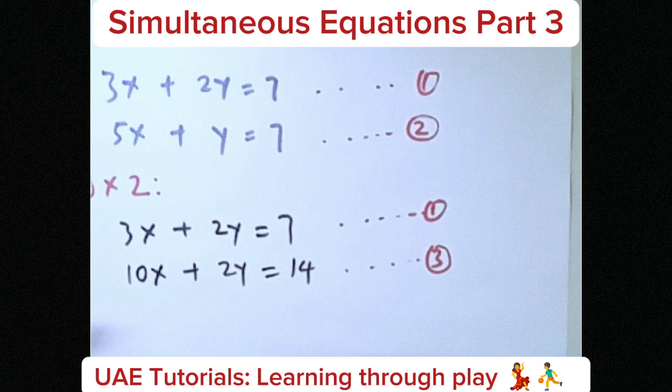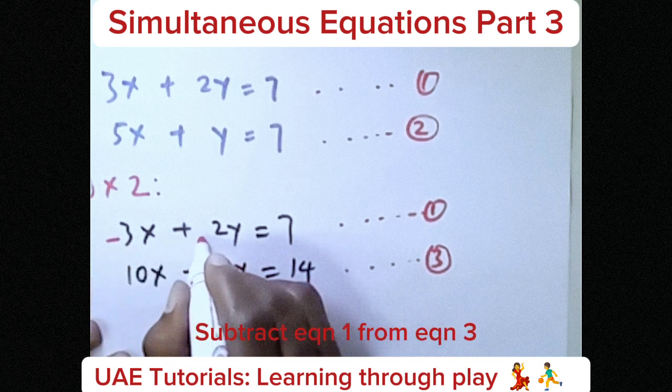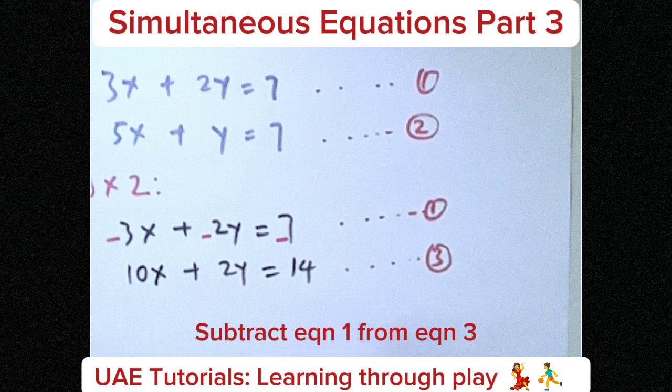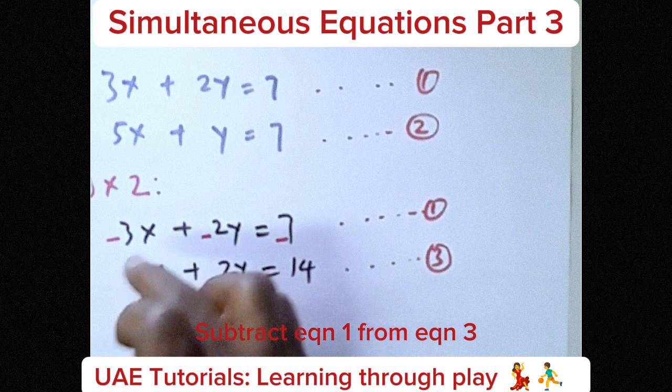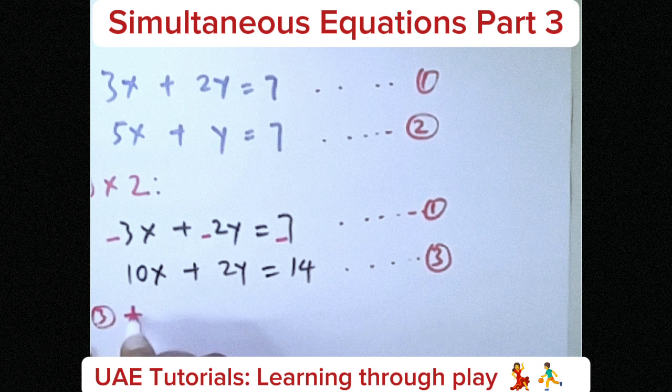If we want to subtract equation 1 from equation 3, that means we have to introduce a minus sign to the entire equation 1. And then when we subtract equation 1 from equation 3, we will now add both equations. So we'll now say equation 3 plus equation 1. What does that give to us?